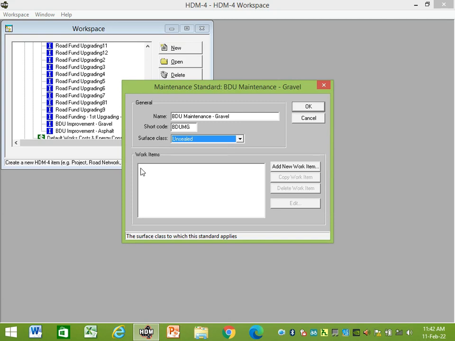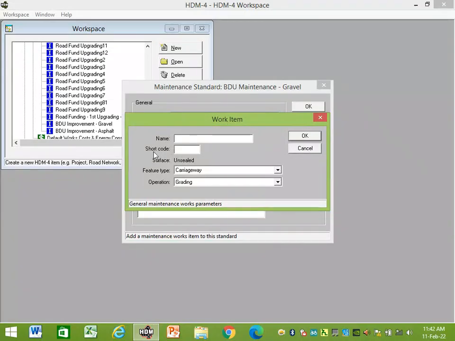Surface class, at the moment it's a gravel road, so unsealed. Okay? It's okay. So new, double click this.